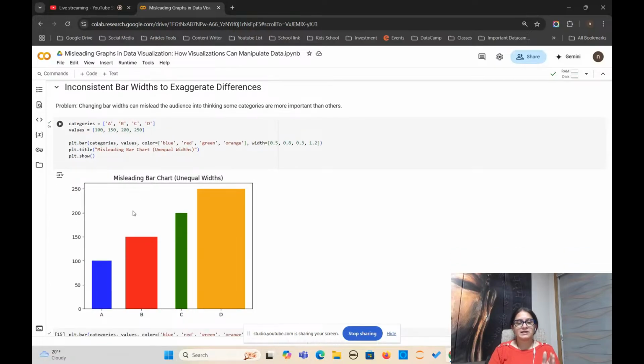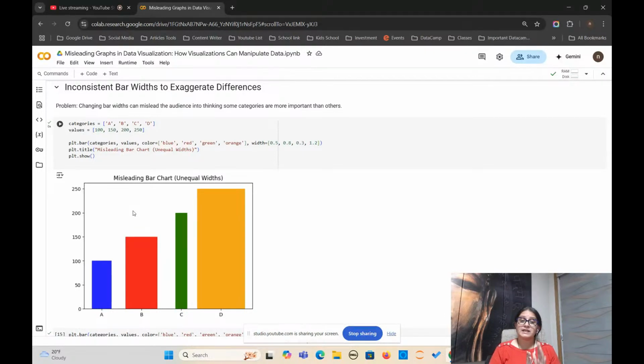If I am your stakeholder looking at this graph, what will I assume? That my D category has more importance than the other three, or maybe it contains more data. Let's say we are talking about sales. So D has more sales, or there are more products in this category. That is because I am changing the width of each of your labels.